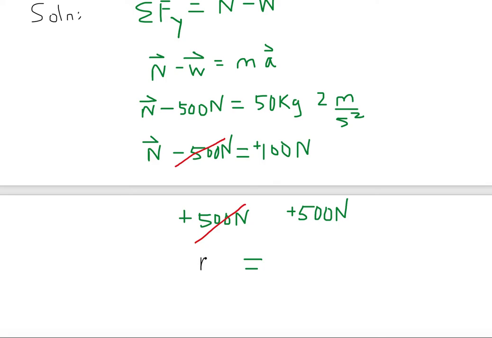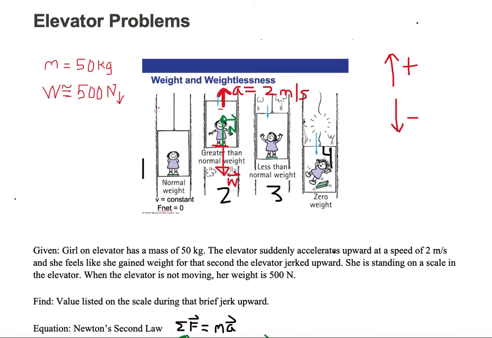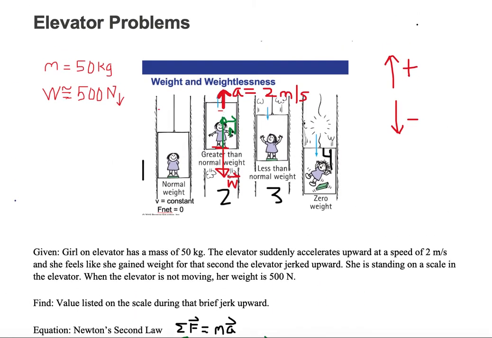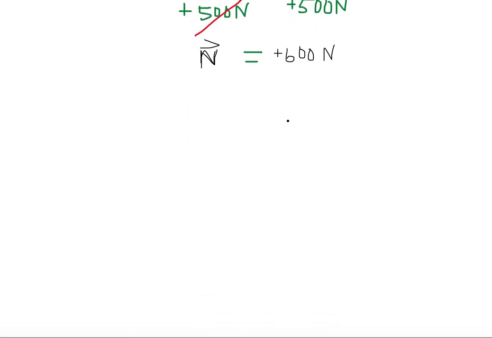We're left with N, the normal force, equal to 100 plus 500, so you have positive 600 newtons. Let's put our arrow in to make sure. I had drawn the normal force up, and sure enough, up is positive. So that's our value.